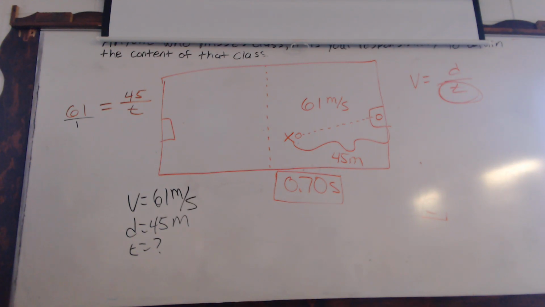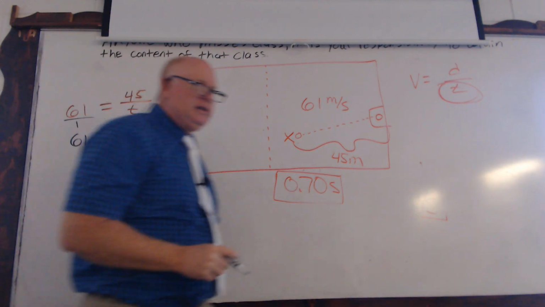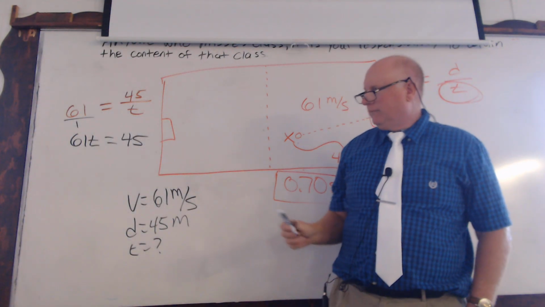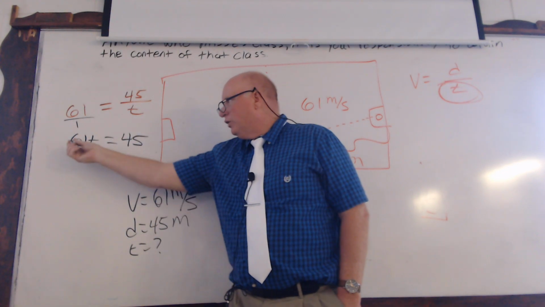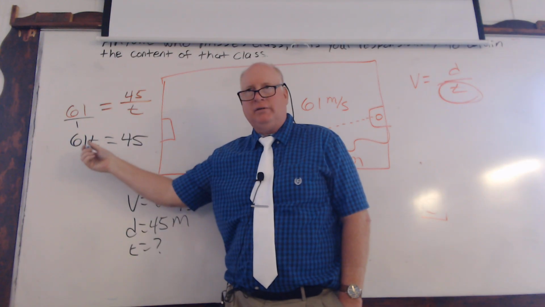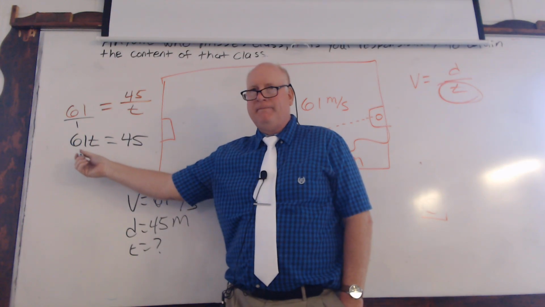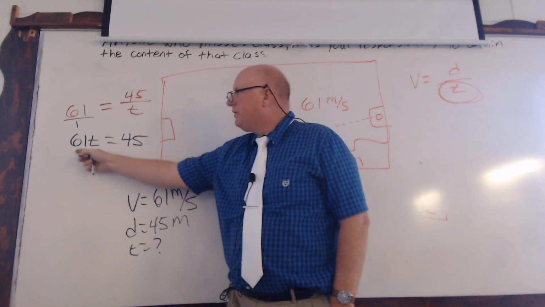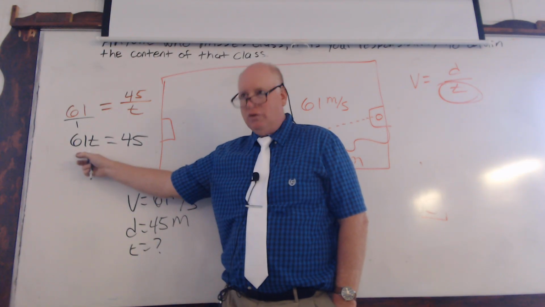If you take a number times a variable, you get that number and the variable. So 61t then equals, we cross multiplied here. What are we going to do here? Same thing. Okay? So then how do we get t all by itself? Because what function are we doing between our number and our variable? What process are we doing with these two? You're multiplying.